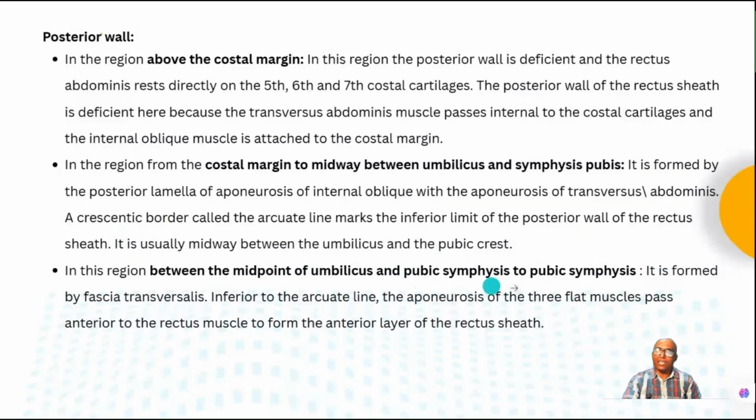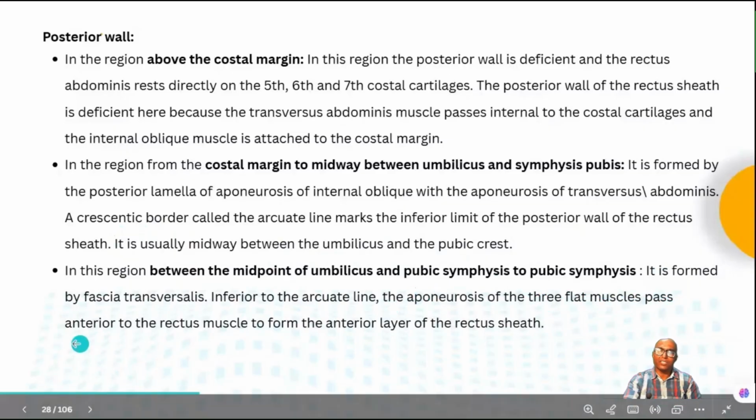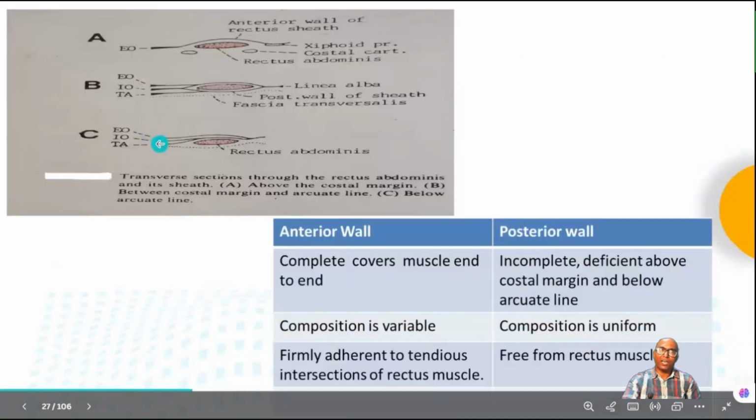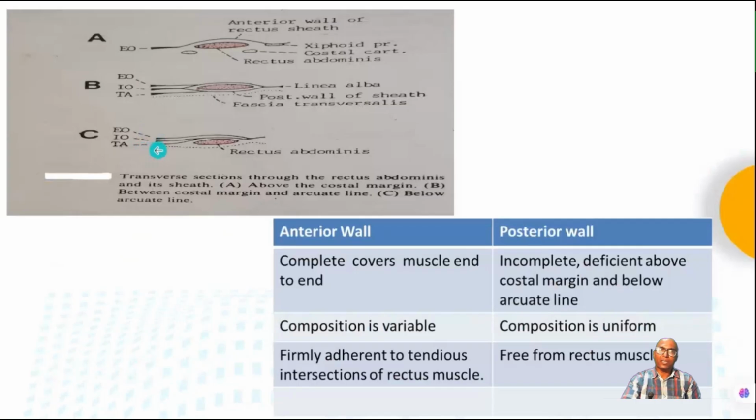Inferior to the arcuate line, the aponeuroses of all three flat muscles pass anterior to the rectus muscle to form the anterior layer of the rectus sheath. Okay, so let us see this figure again. What happens? All three lamellae, all three muscles, that is external oblique, internal oblique, transversus abdominis, will go anteriorly below the arcuate line, and that is why this muscle will rest directly on the fascia transversalis.